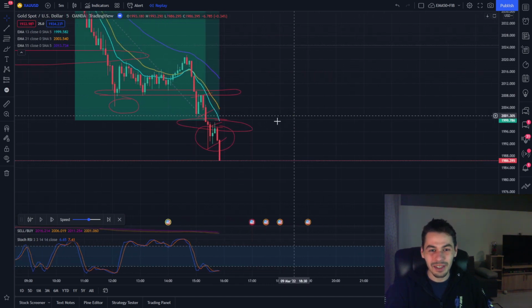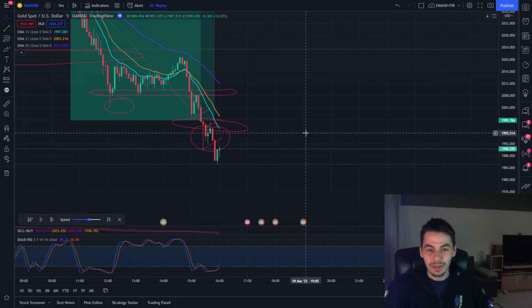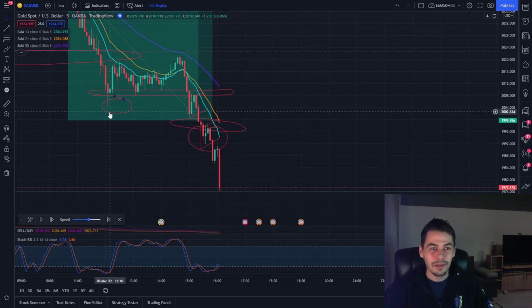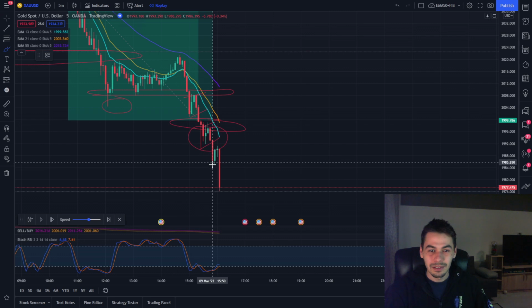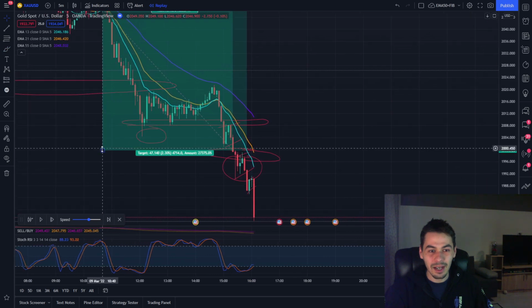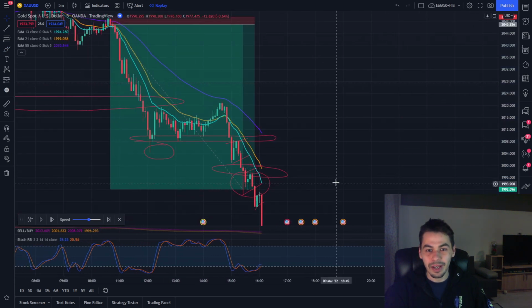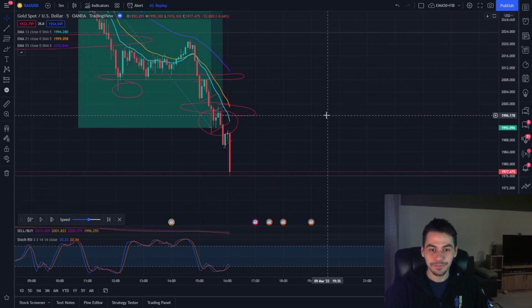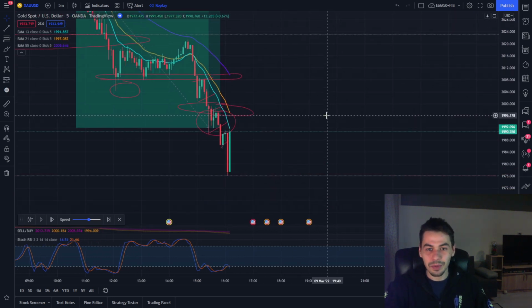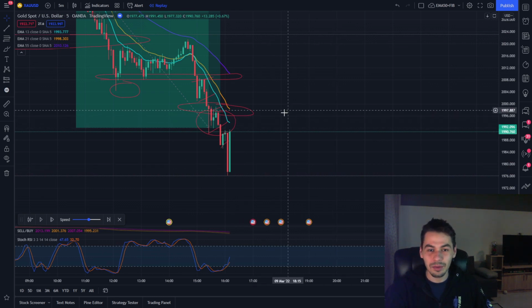What are we seeing here? Again, a break of previous structure. Third bear flag in a row. Again, we had patience and now we can lock even more of our position. So now we are at 22 to 1 and the market seems to be going down, but now the market is getting close to stopping us out.